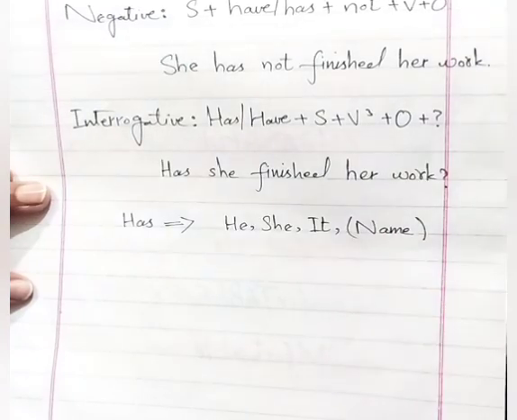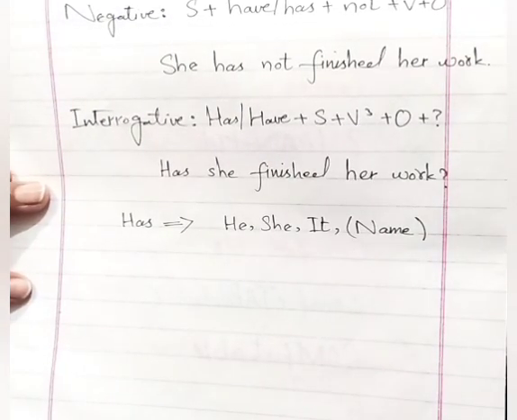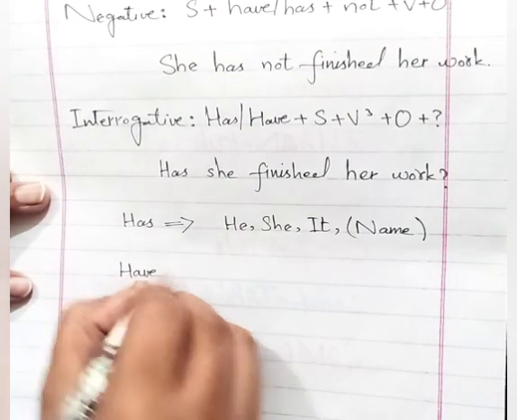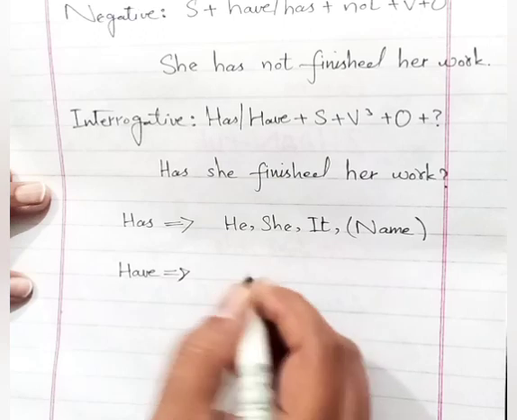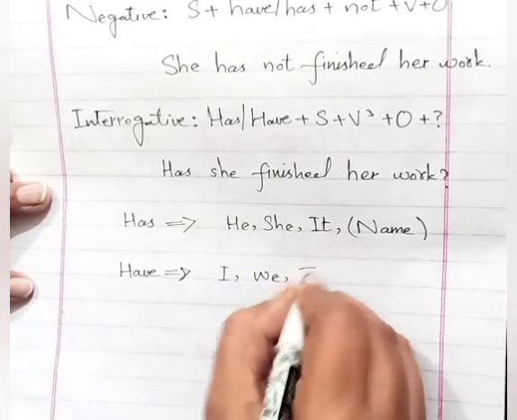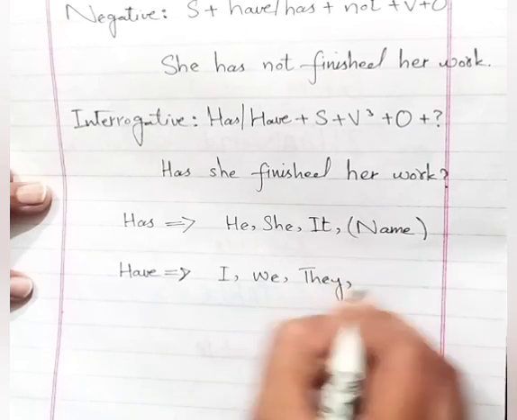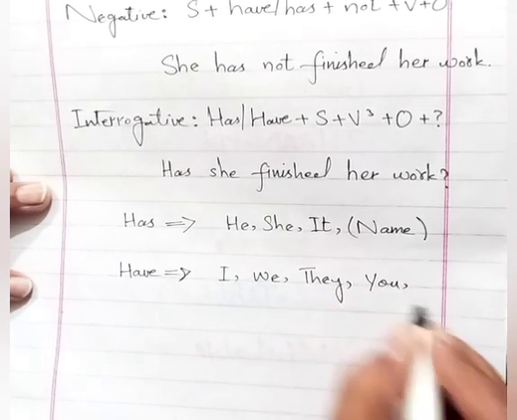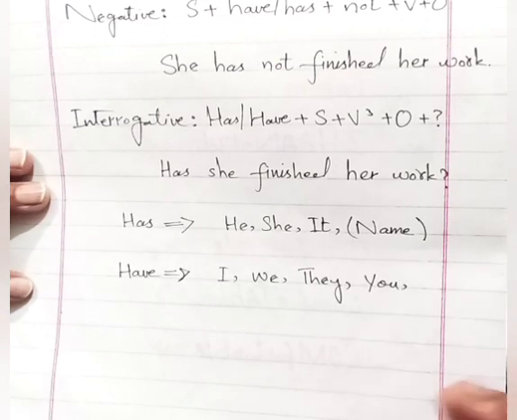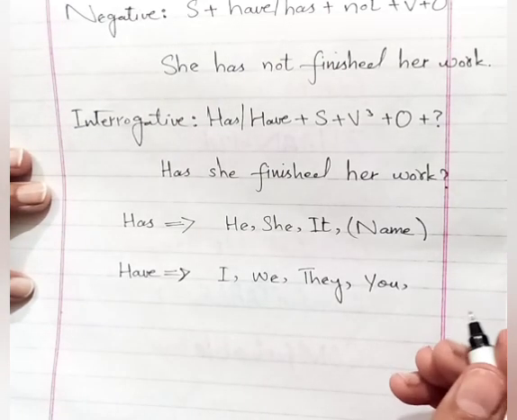For example, William, Sam, David, Marina, etc. And have belongs to I, we, they, you, and for example for plural, right?